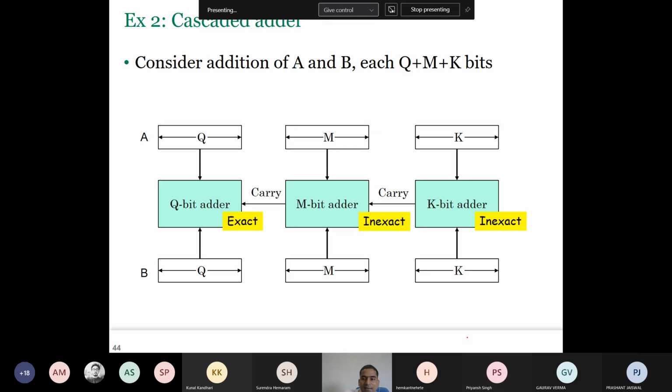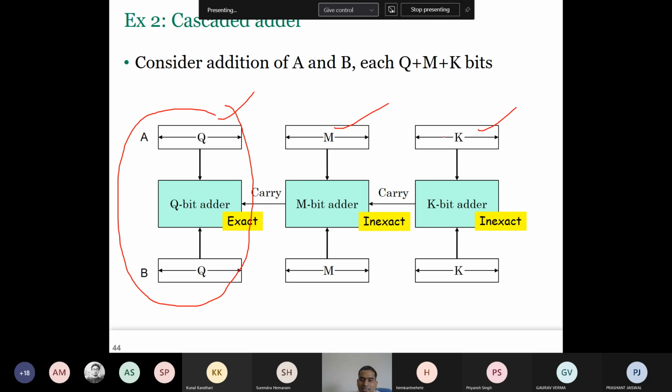Another thing you can do is in the MSB part. As you know, larger adders are designed using smaller adders. For example, if you have to add q plus m plus k bits, for whatever numbers q, m, and k, you will generally design a q-bit separate adder, an m-bit separate adder, and a k-bit separate adder. Now the LSBs, the least significant bits, are not very important.